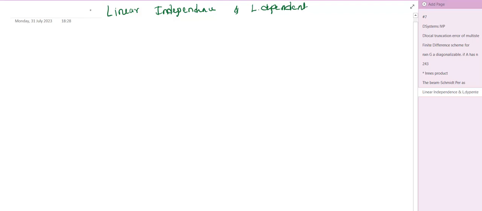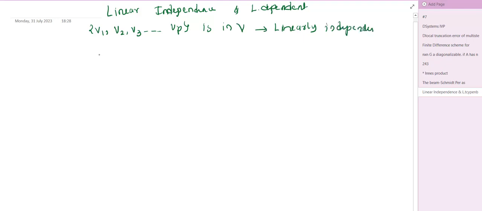So if I have a collection of vectors, say v1, v2, v3 and so on up to vp, in the vector space V, they are said to be linearly independent if the vector equation c1 v1 plus c2 v2 plus c3 v3 and so on up to cp vp is equal to 0 has only the trivial solution.